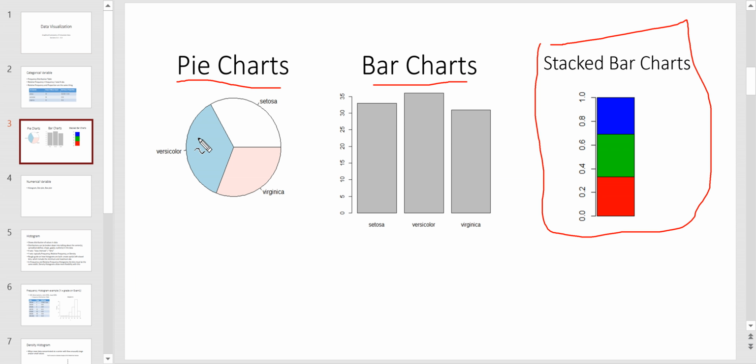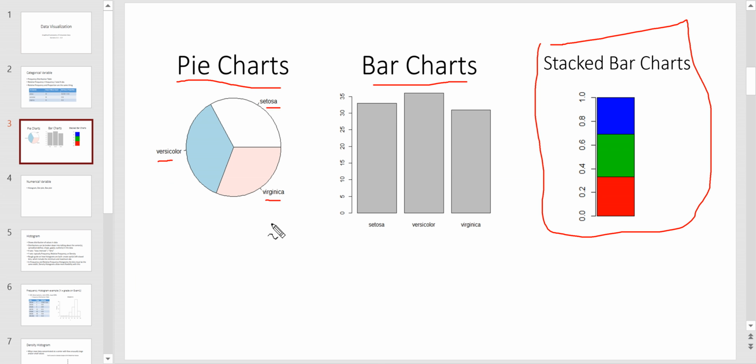So: pie charts and bar charts. Pie charts are great. Everyone has seen these. They're not difficult to create. What they're great for is showing a relative representation of each slice. So when I look at these slices, I can very quickly see that there was about an equal amount of the three levels. In this case, it has to do with those same iris species.